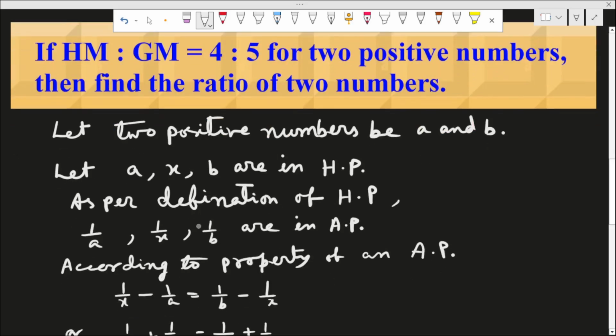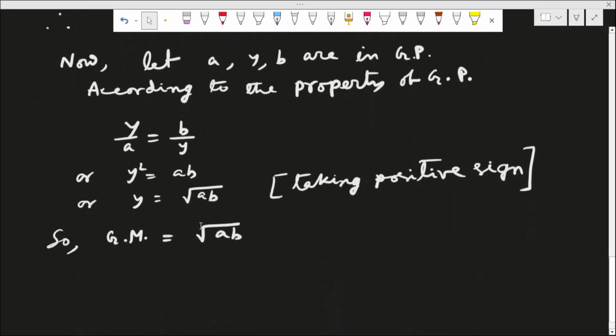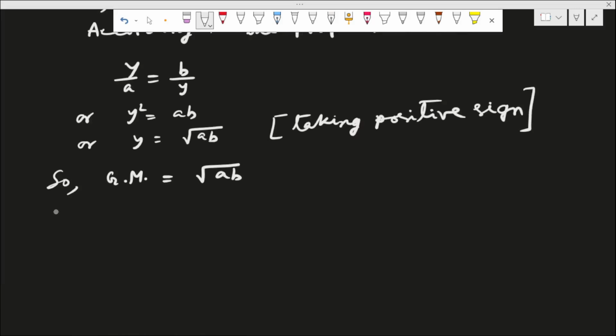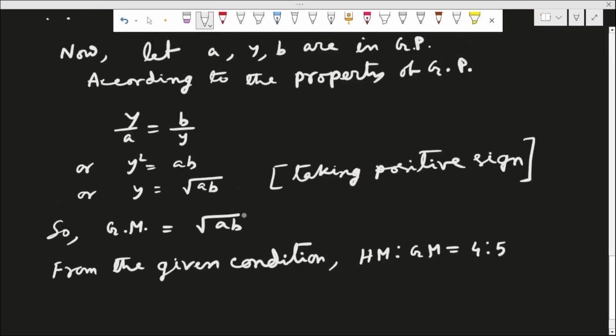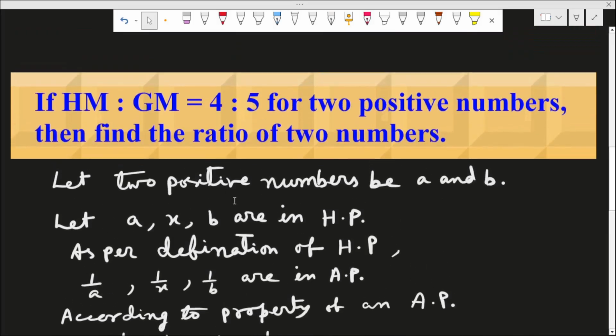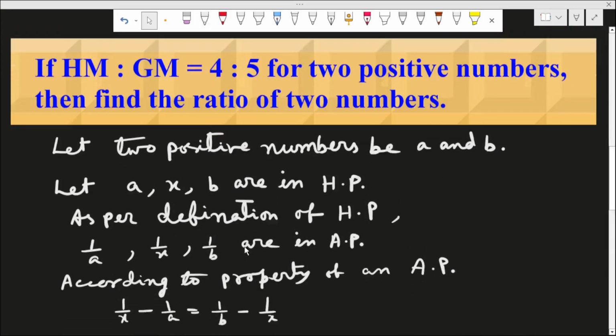So from the given condition, HM to GM is equal to 4 is to 5.